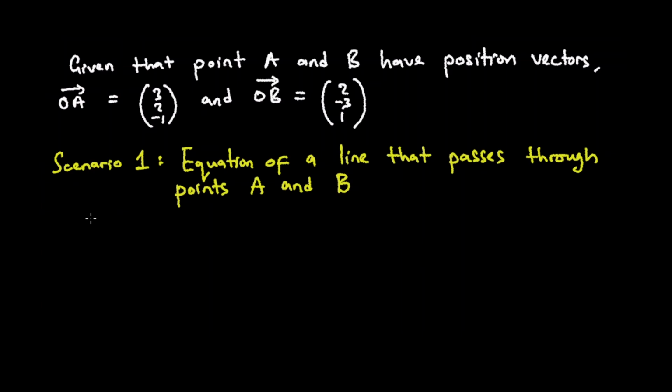Firstly, we have to write down our general equation of a line, and I prefer we write it down like this. r is equal to position vector plus lambda direction vector.